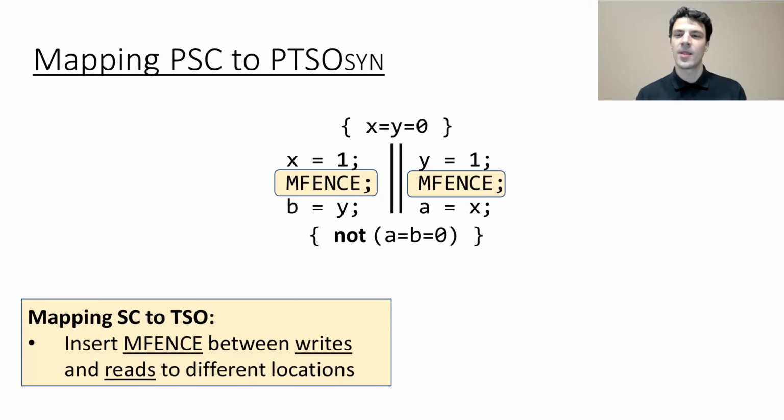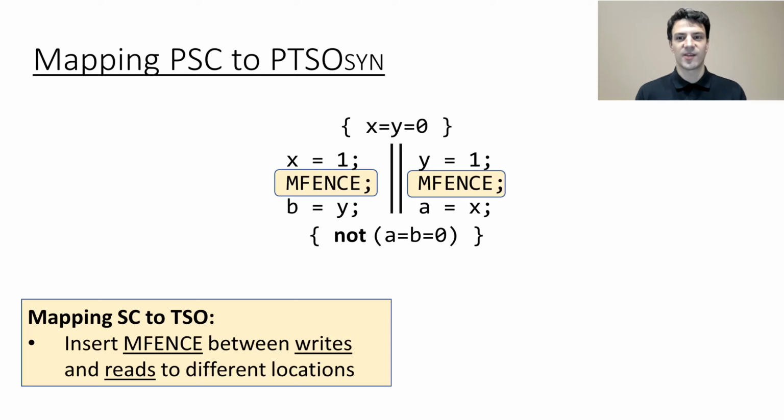Now onto the compilation scheme from PSC to PTSOSYN. The compilation scheme also extends the standard mapping of sequential consistency to TSO, where the idea would be to insert a memory fence between writes and reads to different locations. So for instance, if we take a look at that store buffering example, we would insert an mfence instruction between the write to x and the read from y in one thread and the same thing in the other thread.